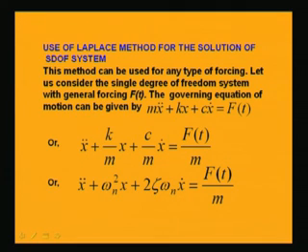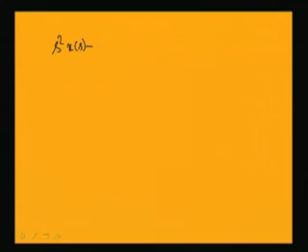Now, to find the response I can take the Laplace transform on both sides. x double dot is equal to d square x by dt square, so its Laplace transform can be written as s square X(s) minus s x(0) minus x dot(0).